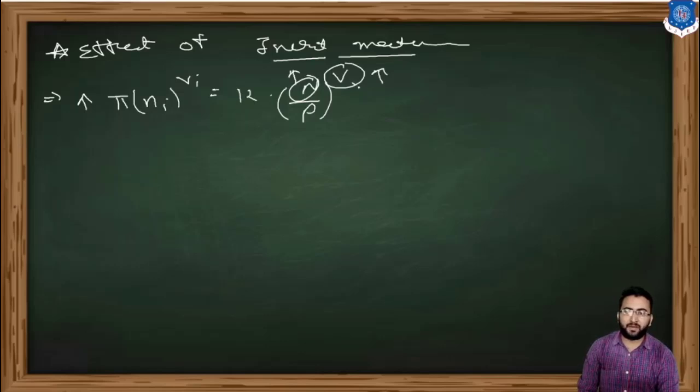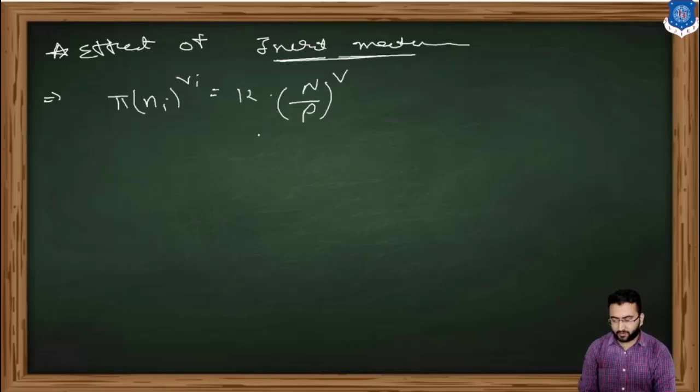But if the stoichiometric number is negative and we add inert material to the reaction, then the equilibrium conversion will decrease. So this is the effect of inert material on this particular reaction.